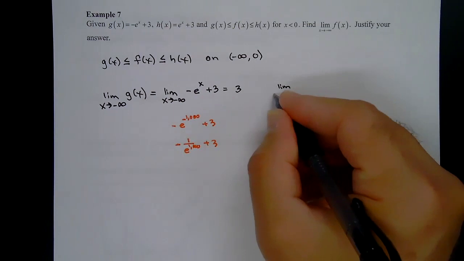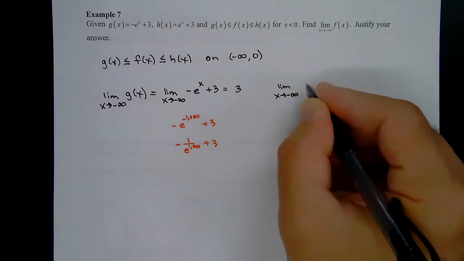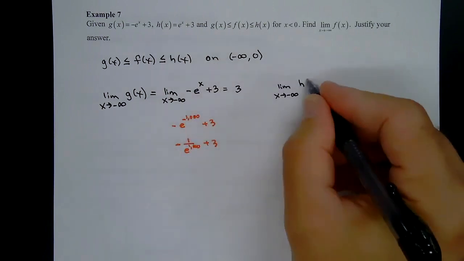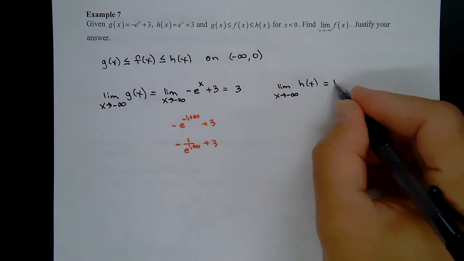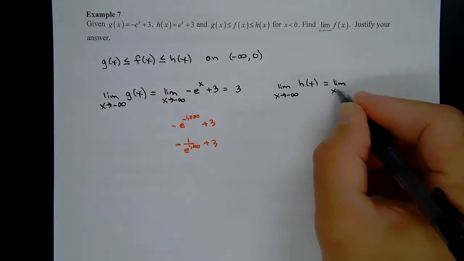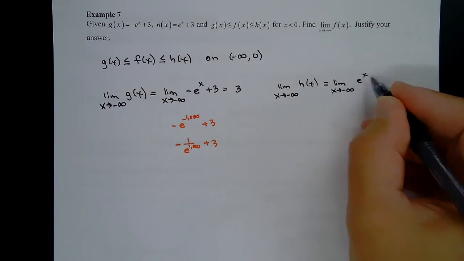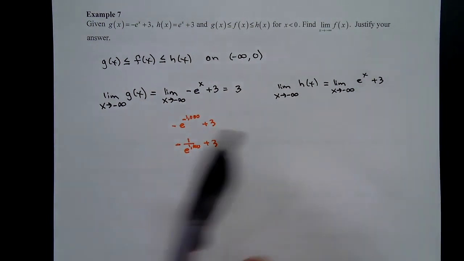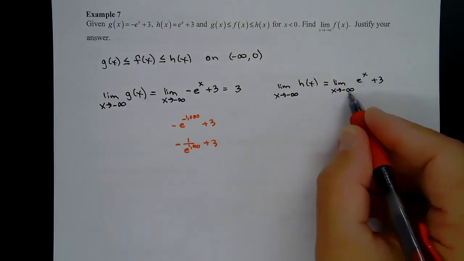So the limit as x approaches negative infinity of h of x, the outside function, the one that's always larger, that's equal to the limit as x approaches negative infinity of e to the x plus 3. Okay, again, don't put equals, all right? Let's try a big negative value in here.